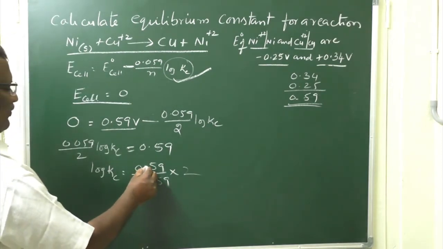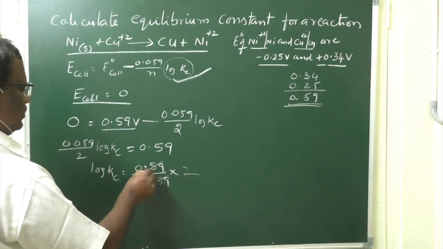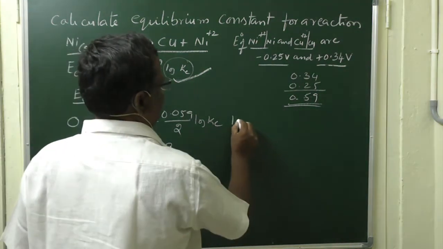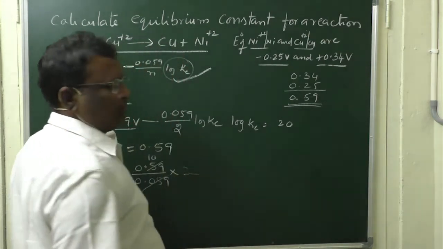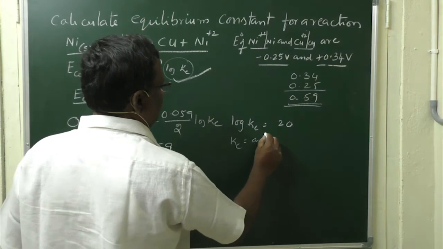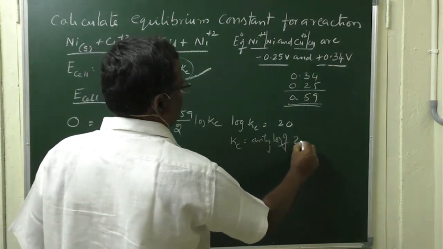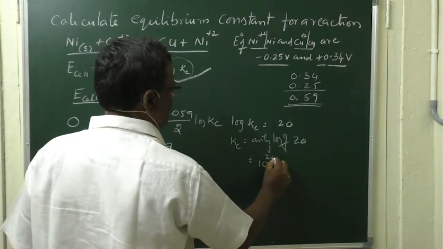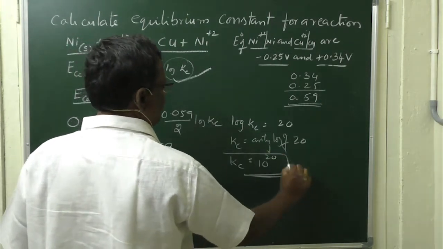So 0.59 by 0.059 goes 10 times here. So log Kc is equal to 20. Then Kc is equal to anti-log of 20. Anti-log of 20 is nothing but 10 to the power 20. So the equilibrium constant is 10 to the power 20.